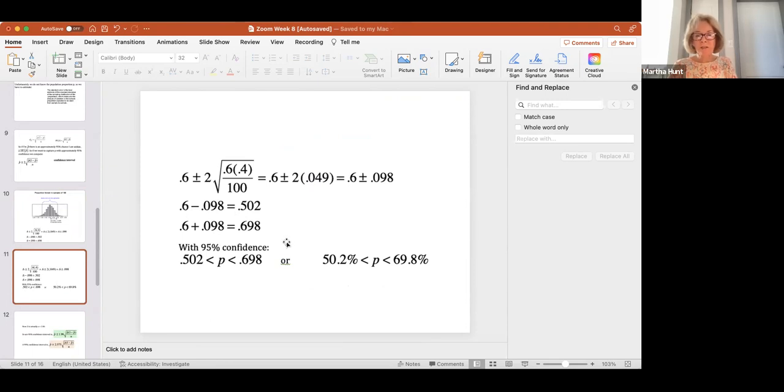In English, it says the true proportion of female students in that university is between 50% and 70%, and I can say that with 95% confidence. So I'm 95% confident that the true proportion lies between these two values.